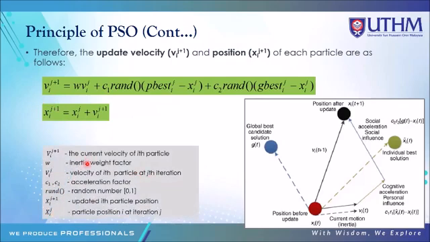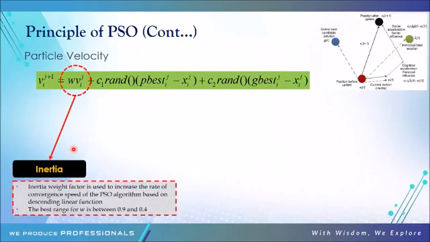This is the equation of velocity for PSO. Basically we have inertia, W times V. This W we call the inertia weight factor. This parameter needs to be tuned before we use PSO. We need to set this parameter and test.